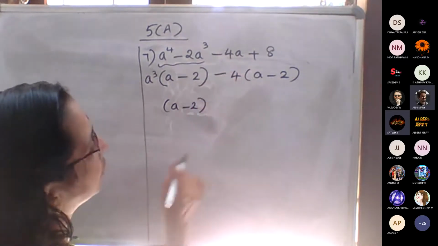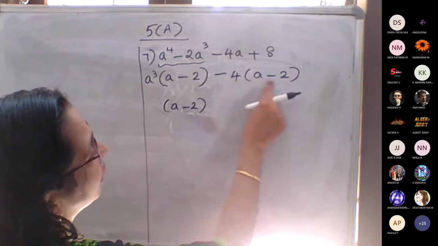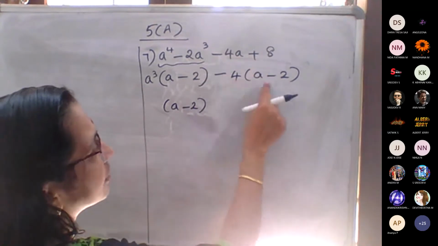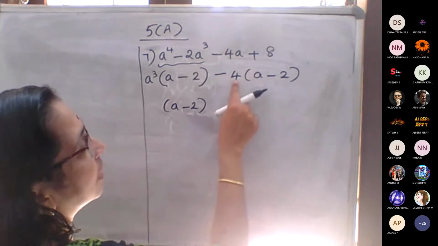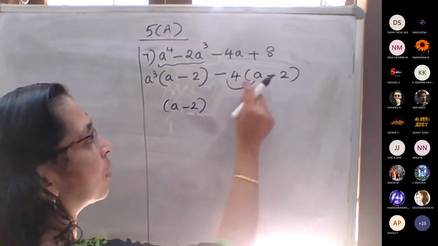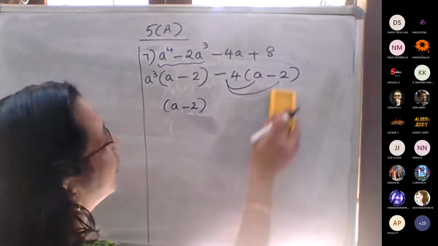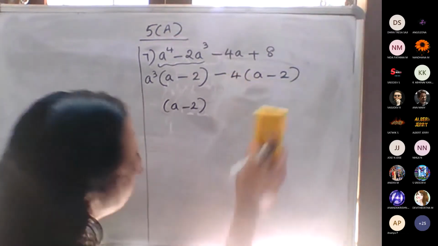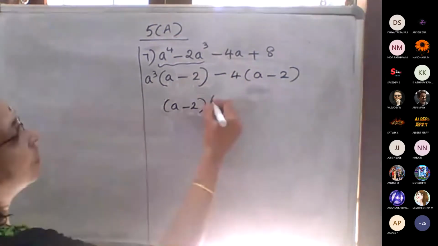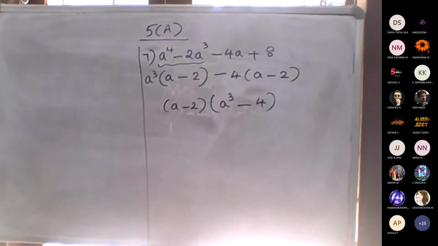Negative 4. Then negative 4 will become negative 4a, and negative into negative is positive 8. If you take this a minus 2 and write this negative 4, this will be correct. If it is correct, automatically the second term will be correct. So a minus 2 in balance a cube minus 4.